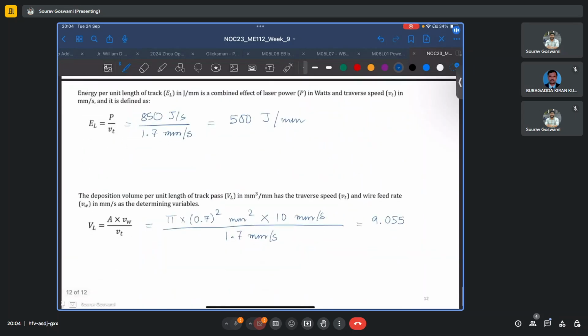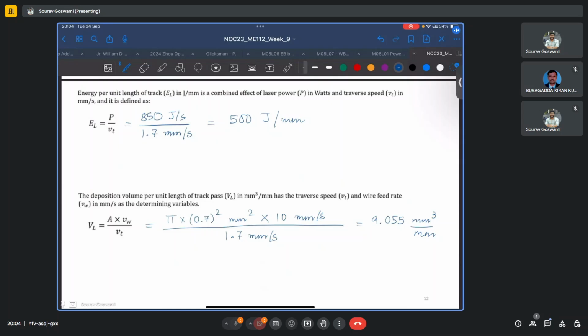So we'll retain this one, millimeter cube per millimeter. The reason for this units is because it is given as the deposition volume per unit length of track. So it's a volume, millimeter cube, per unit length, which is millimeter.